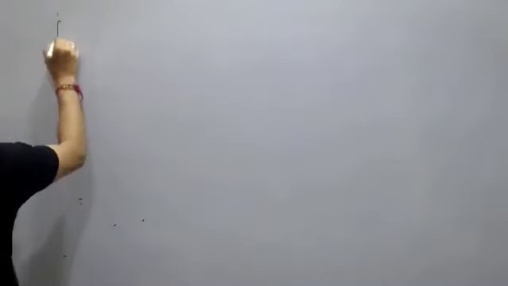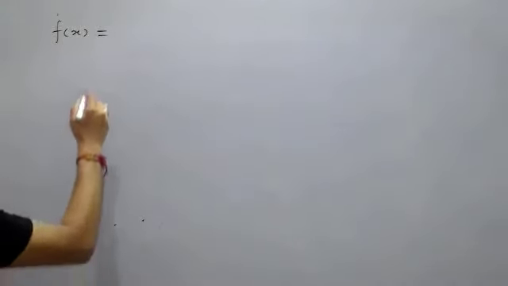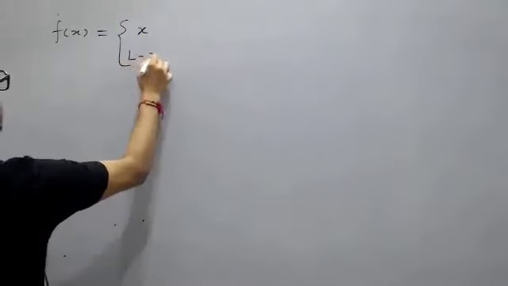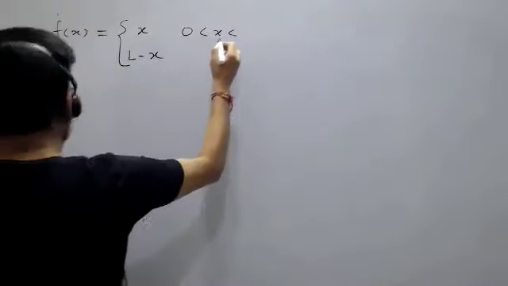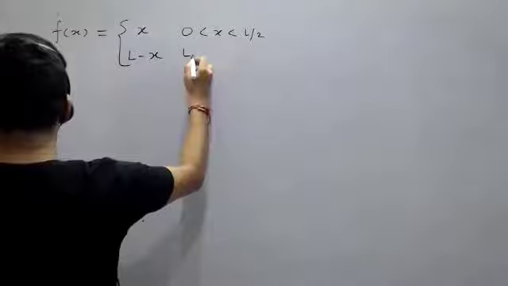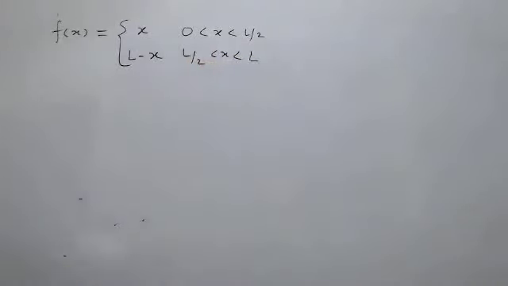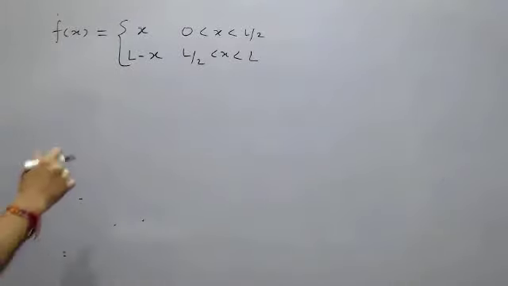Suppose f(x) is equal to, I'm writing a new condition, x into (L minus x)... that is, f(x) = x between 0 and L by 2, and f(x) = L minus x between L by 2 and L. Okay, this is the condition that is given, and we know what is u(x,t).